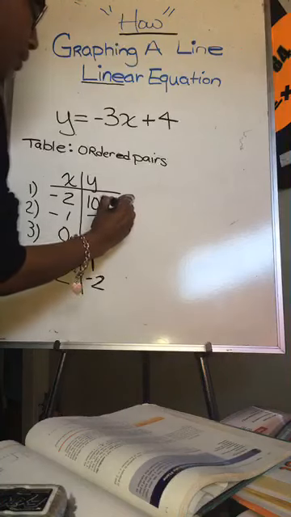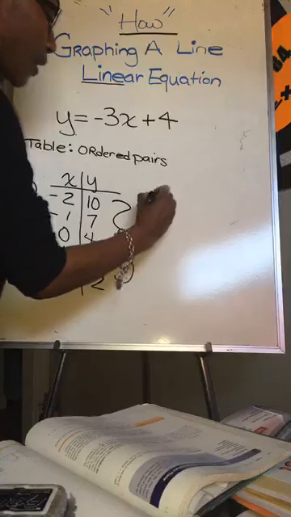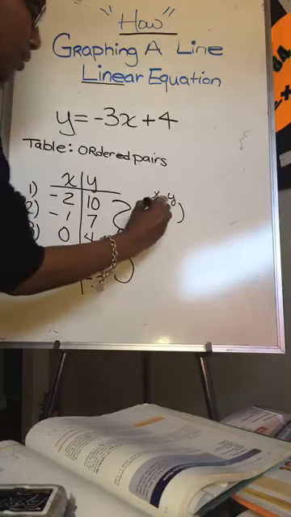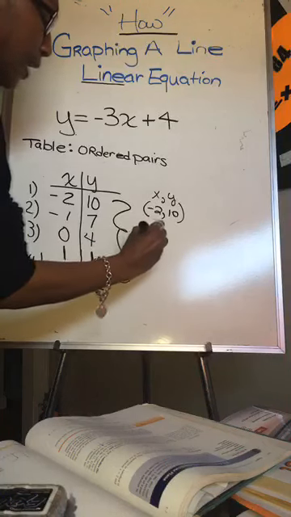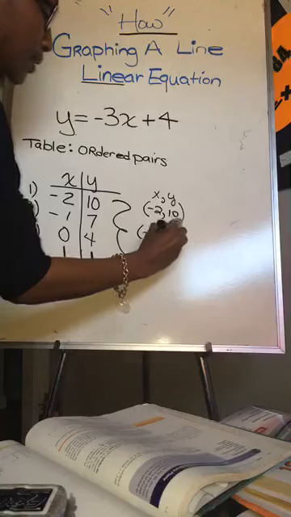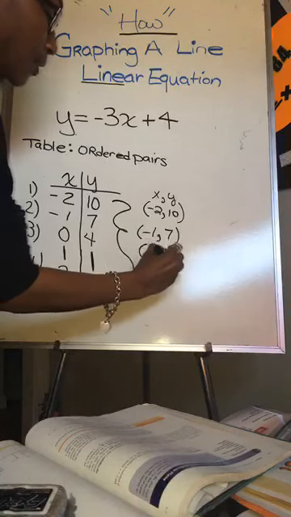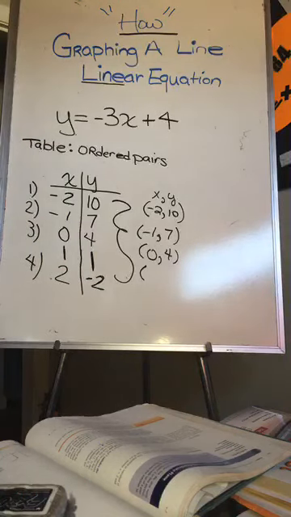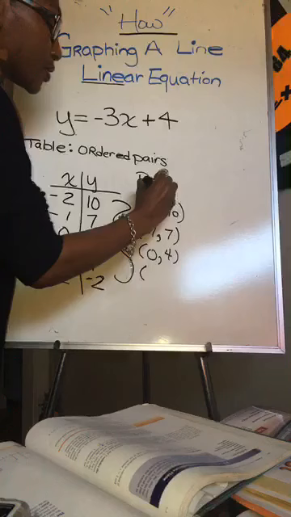When we write our x and y values, the ordered pairs or coordinates, it's -2, 10, -1, 7, 0, 4. This is how you write the ordered pairs or your coordinates, because you have to plot these. This is actually your points also.